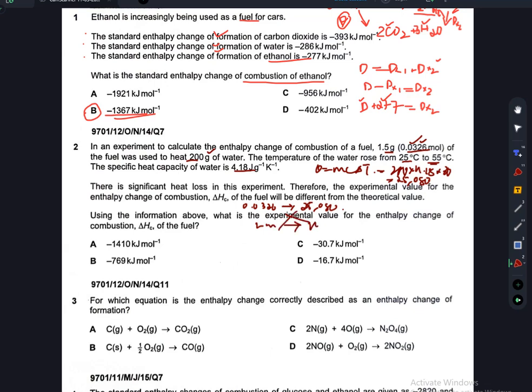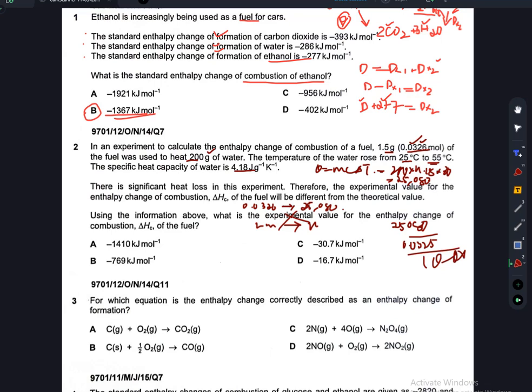So 1 mole would give how much? You simply divide: 25080 divided by 0.0326. So this is 769,325, which is about 769,000, and you divide this by 1000.